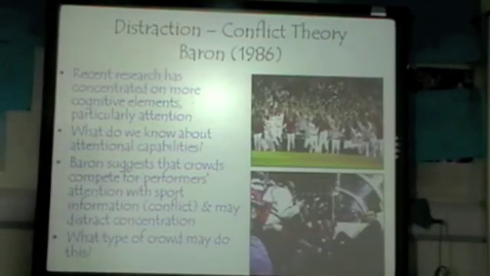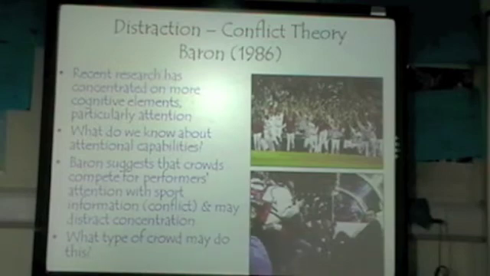Distraction conflict theory is more about attention. So recent research focuses on cognitive elements like what we pay attention to. So distraction conflict theory does what it says really. It suggests that there's an impact of the crowd in the fact that we get distracted by the crowd. Therefore, if we get distracted, again, we're not selectively attending to what I should be focusing on in terms of my performance.